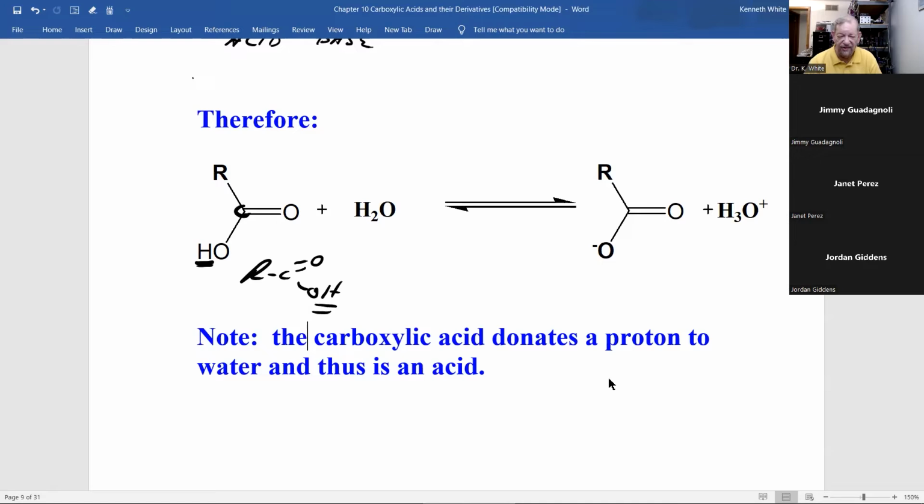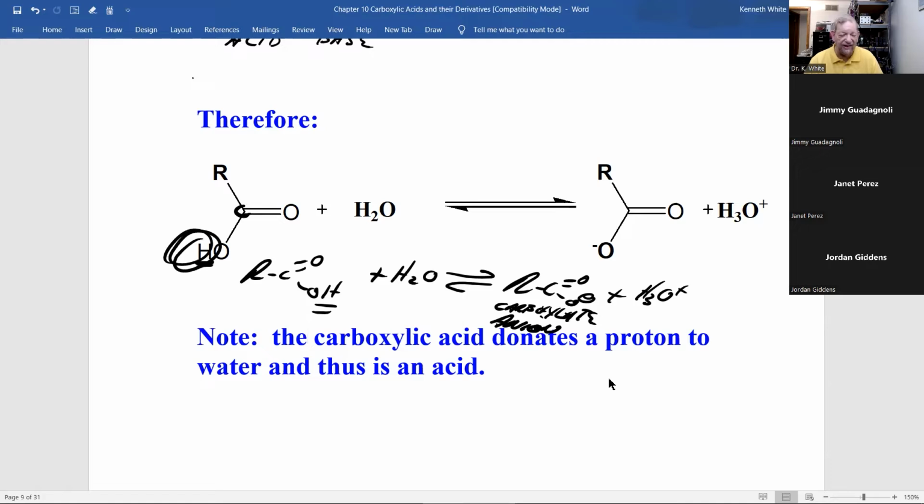And with water, you get the carboxylate anion, plus in this case, you create the hydronium ion. And that means this hydrogen on a carboxylic acid is an acid.